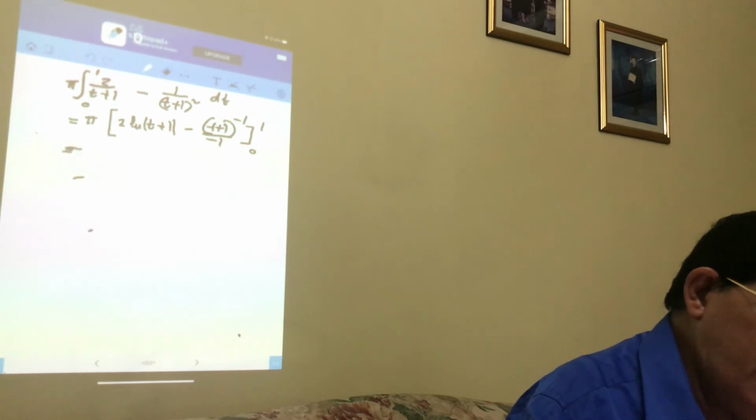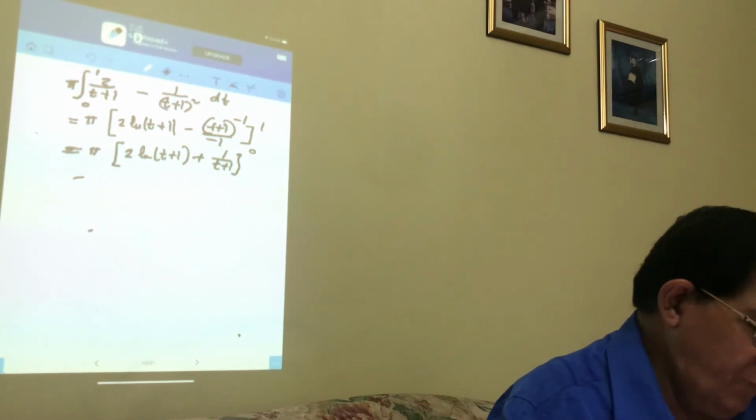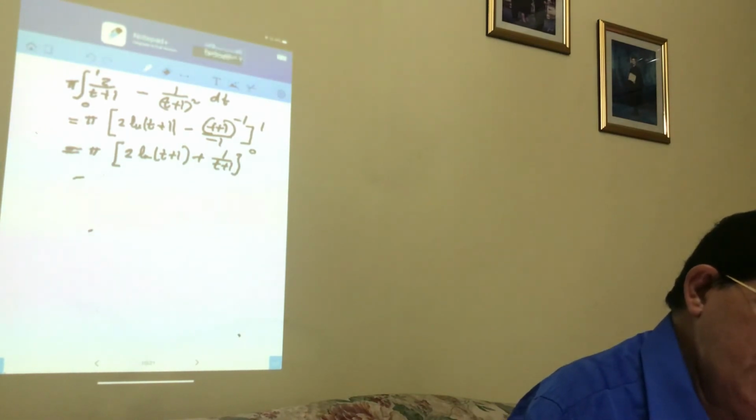That is equal to pi times 2 ln t plus 1 plus 1 over t plus 1. We substitute the limits from 0 to 1.